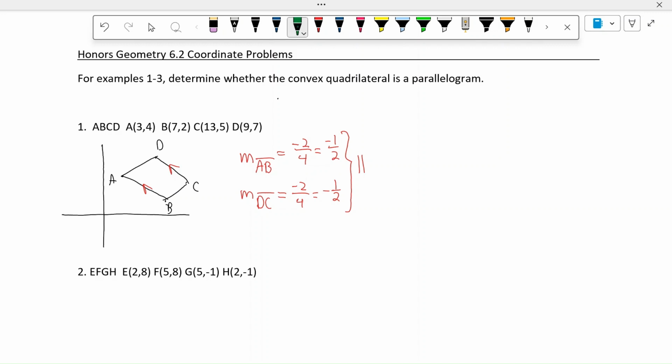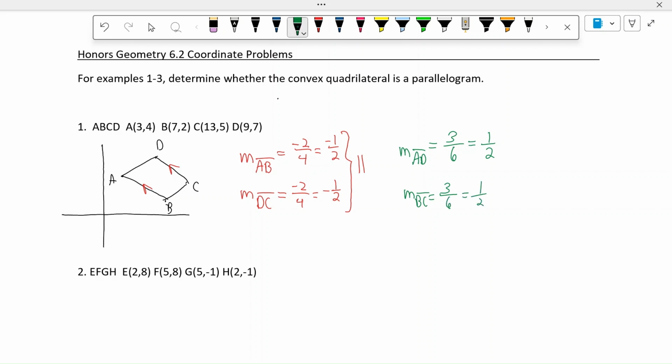I'm going to look at AD. So the slope of segment AD needs to be calculated next. 7 minus 4 is 3. 9 minus 3 is 6. If I simplify that, then it is 1/2. AD should be the same thing as BC. So for the slope of BC, we have 5 minus 2, which is 3. 13 minus 7, which is 6.